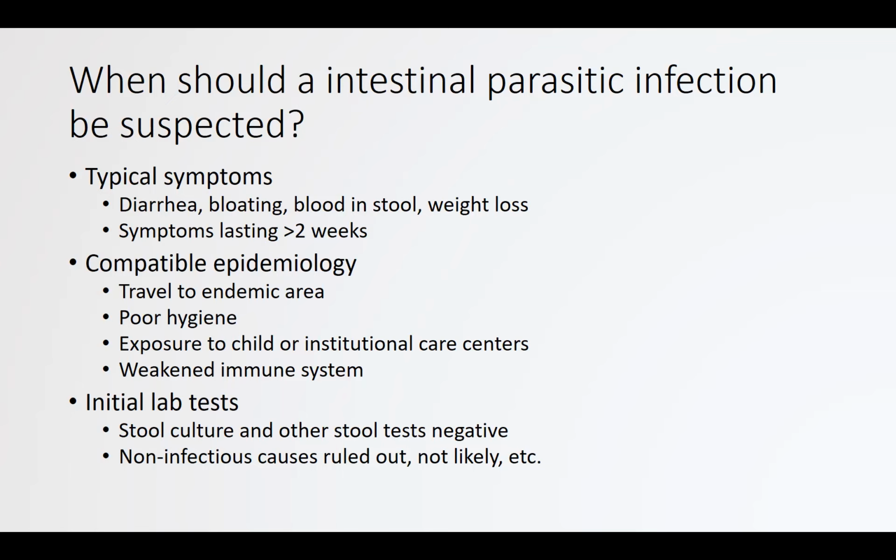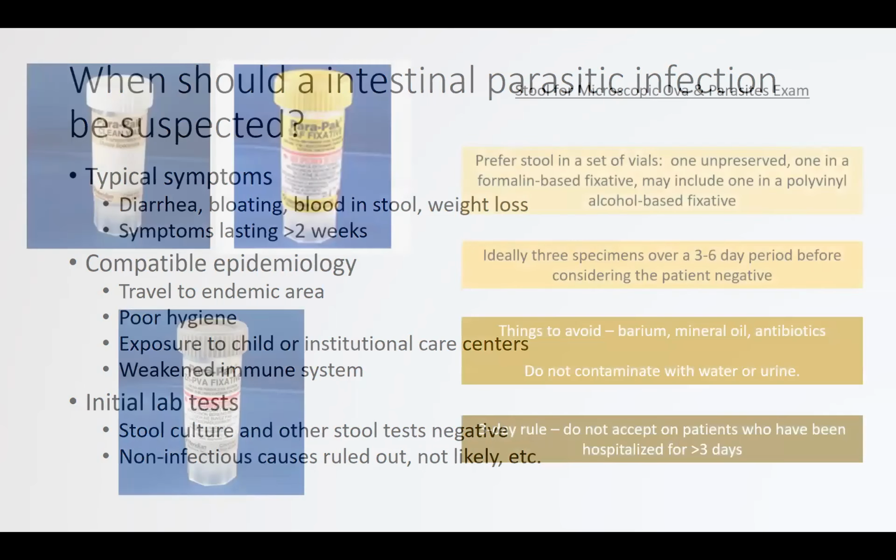All of those look great until you realize that when you get right down to it, all of those are also risk factors for other forms of gastroenteritis as well. And then if you think this really is an infectious gastroenteritis, but the other tests have all come back negative, then we can start looking for parasites. So those are the things that you may be looking for.